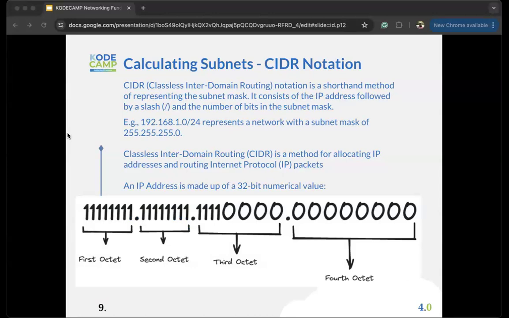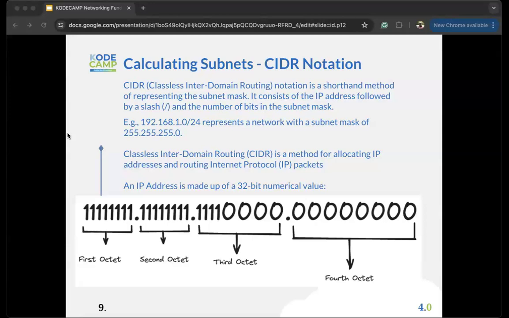So if you have, for example, this same IP address, 192.168.1.0, the CIDR notation brings in this /24, which tells you that the last octet is your host ID.